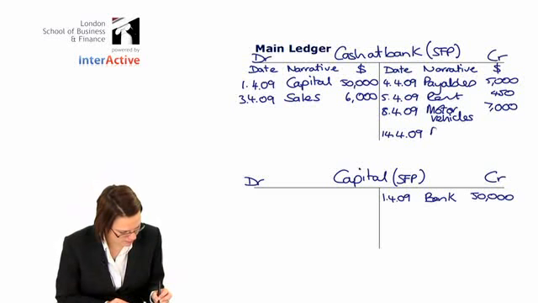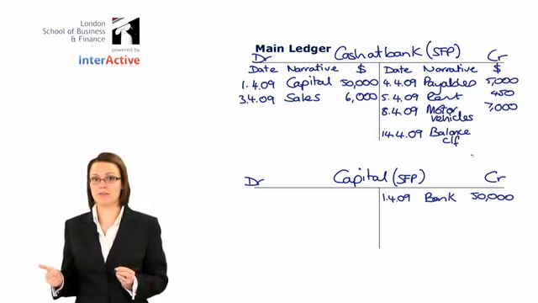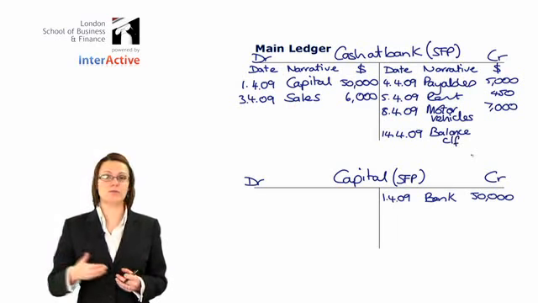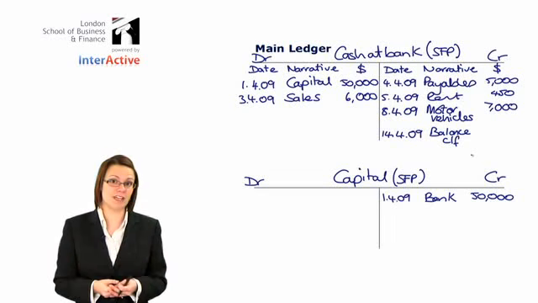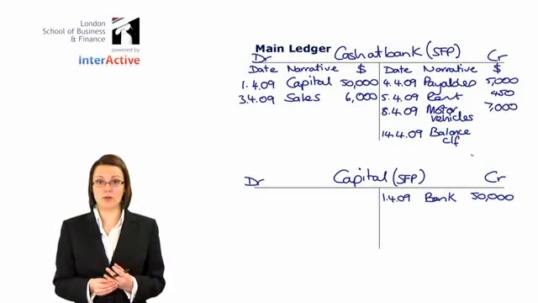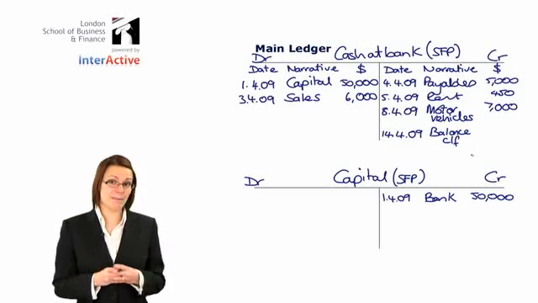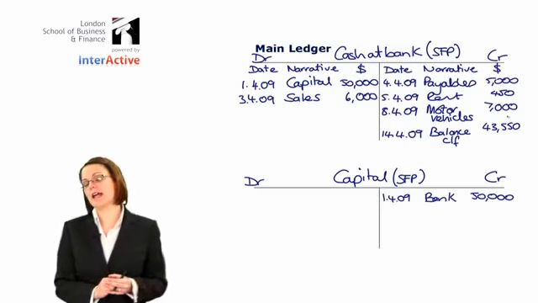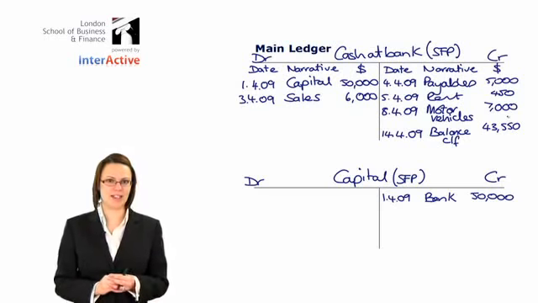So the narrative will be balance carried forward, or C/F. Sometimes you see it referred to as balance carried down. That's fine, means the same thing. So balance C/F is balance carried forward, and we're going to insert that balancing figure of 43,550 onto that lower side, being the credit side.